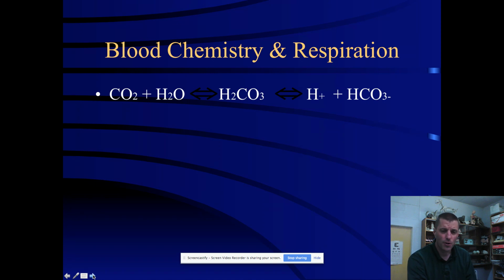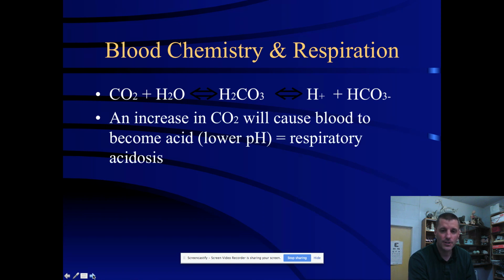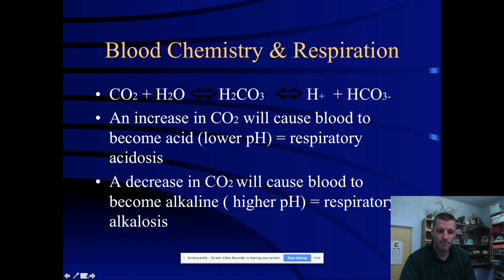So carbon dioxide and water make carbonic acid, which then can become hydrogen ions and bicarbonate ions. So an increase in carbon dioxide will cause the blood to become acidic. And what it's talking about is this is carbonic acid.